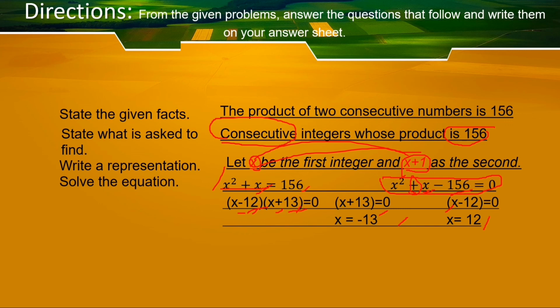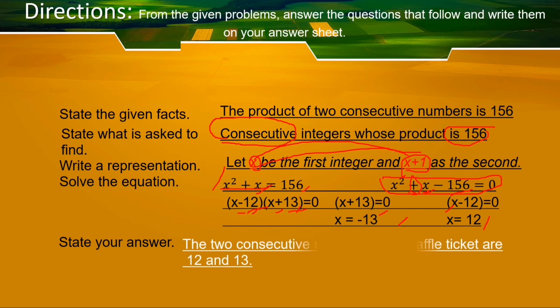Do you get the same answer? Okay, I am glad to hear your progress. Now, let's check your answers. First, you have to state your answer. So you have the two consecutive numbers of the raffle ticket are 12 and 13.